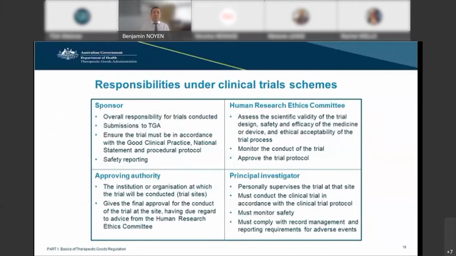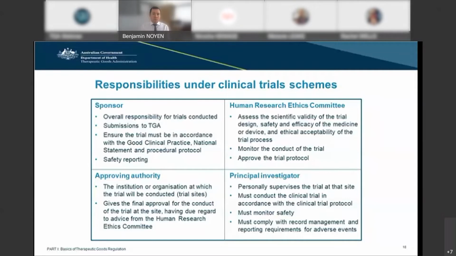This table shows various responsibilities under TGA's clinical trial schemes. There is a sponsor who has overall responsibility for the trial. They make a submission to us. They ensure the trial meets requirements, and they're responsible for safety reporting. Then there's the Human Research Ethics Committee, who assess, approve, and monitor the trial.